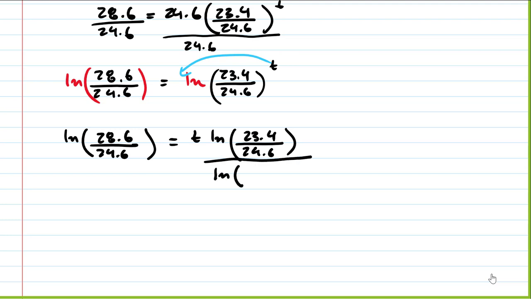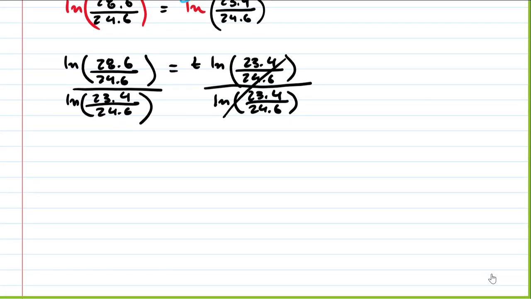Divide by the natural logarithm of 23.4 over 24.6 on both sides. And finally, that gives us our value of t.